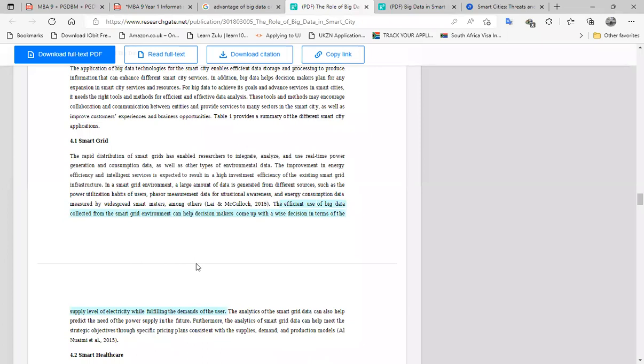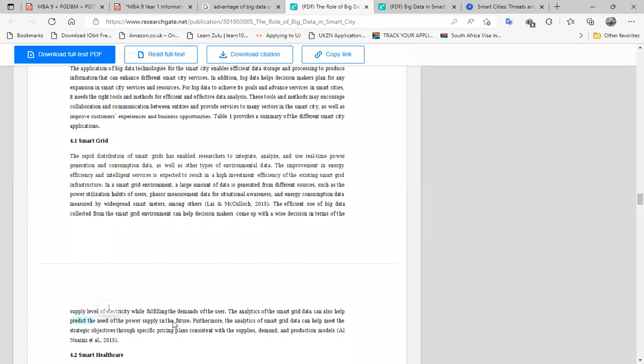It will help decision makers by providing analytics where they can predict power supply in the future, and predict when a failure might happen.